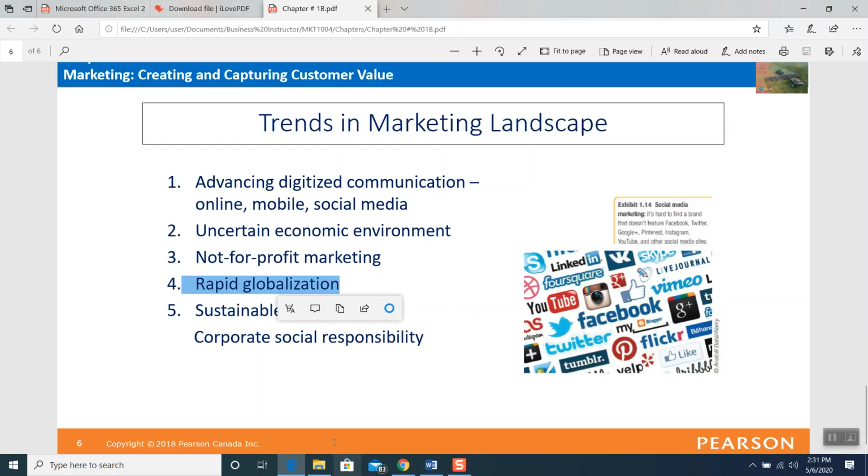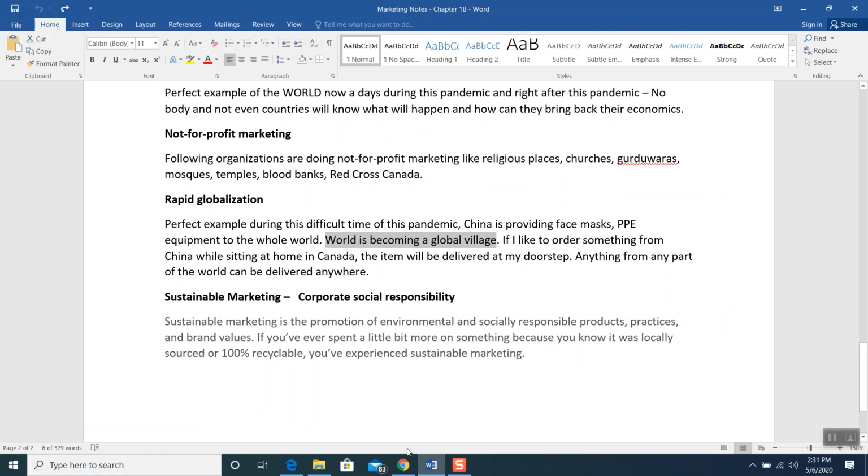Next one is called sustainable marketing. The name says it all, guys. Sustainable, what does that mean? Sustainable marketing is a promotion of environmentally and socially responsible products, practices, and brand values. As soon as we hear the word sustainable, the first thing that comes to mind is to save the environment.